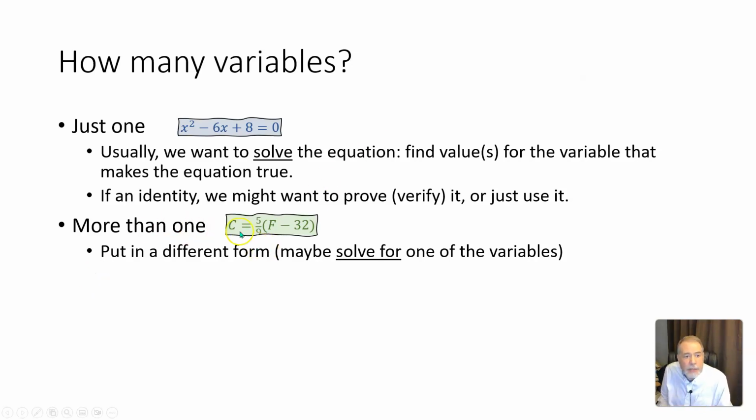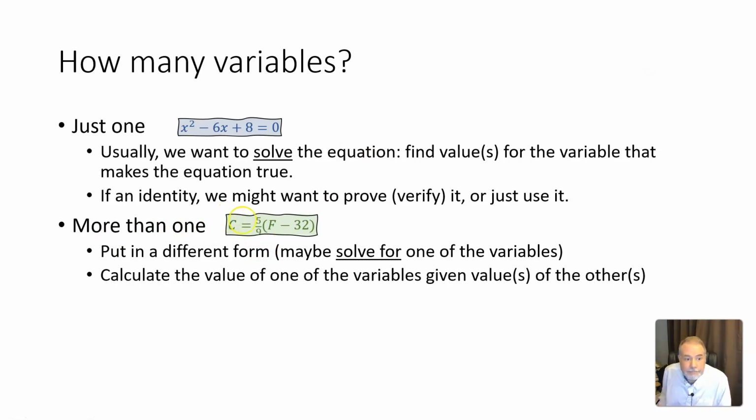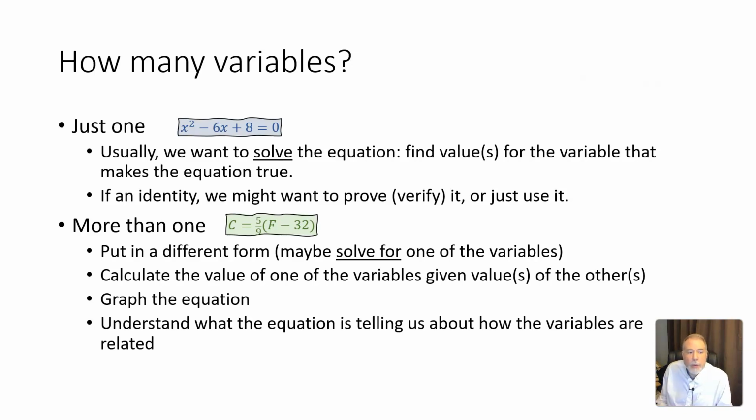This is already solved for C, but we might want to rearrange it so that it's solved for F, and it tells you what F is in terms of C. We might use an equation like that to calculate the value of one of those variables given values for the others. We might want to graph an equation that has more than one variable. Or we might want to understand what the equation is telling us about how the variables are related.